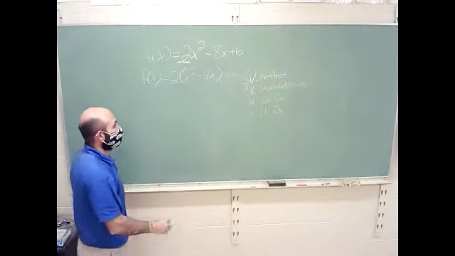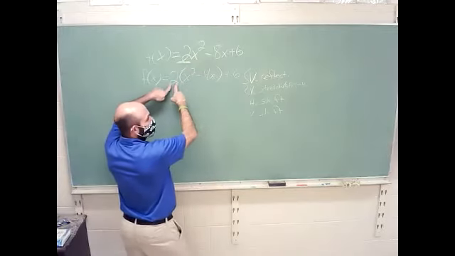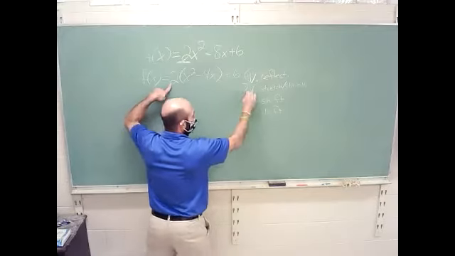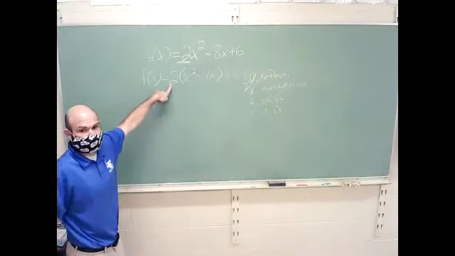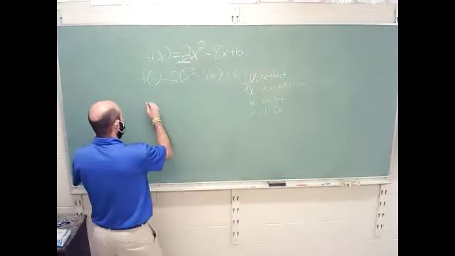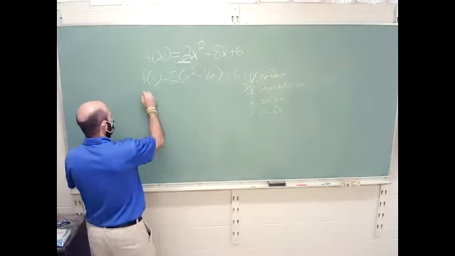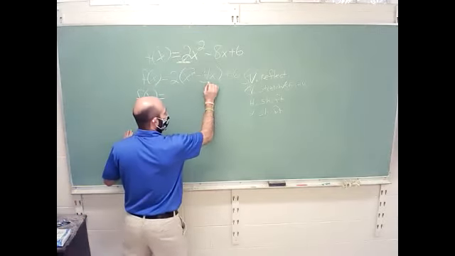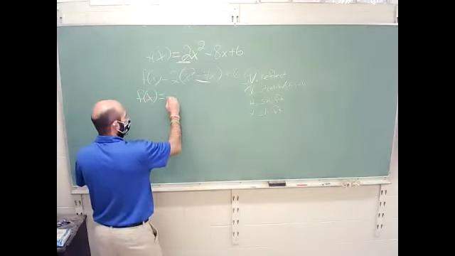Now I know I have no vertical reflection because it's still positive, and I'm going to have a vertical stretch by a factor of 2. Now I'm going to find the horizontal shift by taking half of that number. Watch how it pops up.